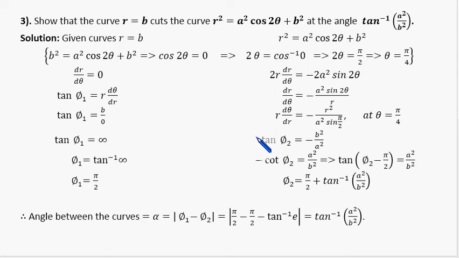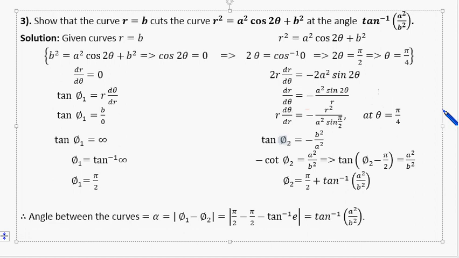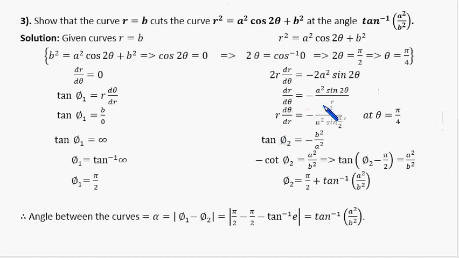Again, r dθ/dr = -r²/(a² sin 2θ), with sin 2θ = sin pi by 2 at θ = pi by 4.